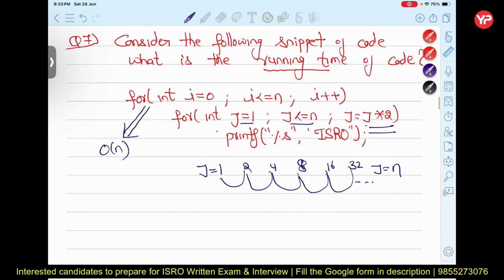So we know that iterative multiplication or division gives some log functionality. Fine. So the overall time is n log n, because the outer loop executes n times and the inner loop executes log n times. So the right answer is n log n.